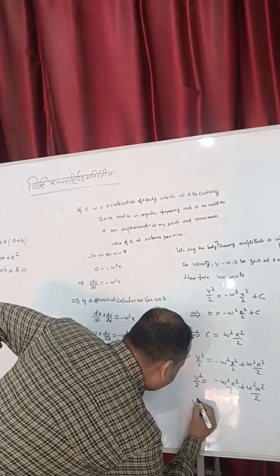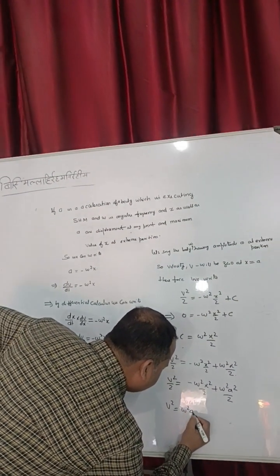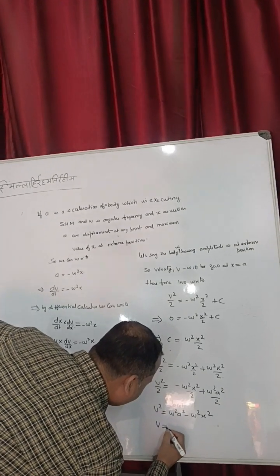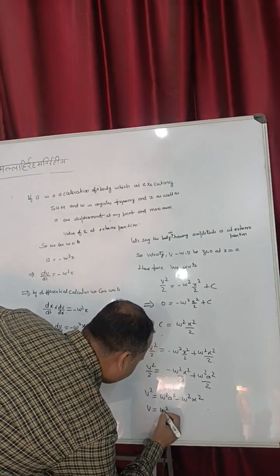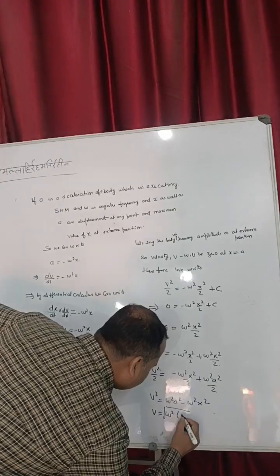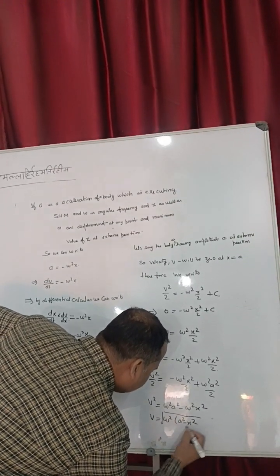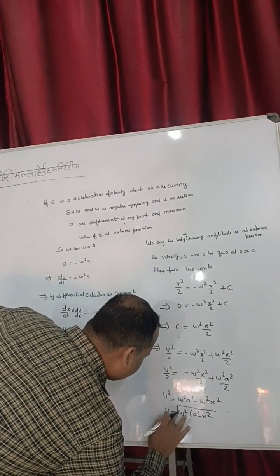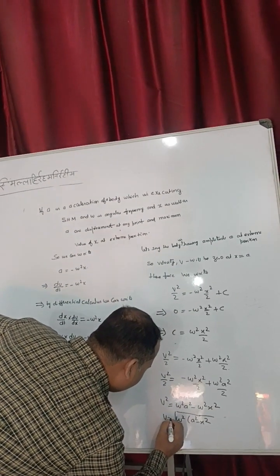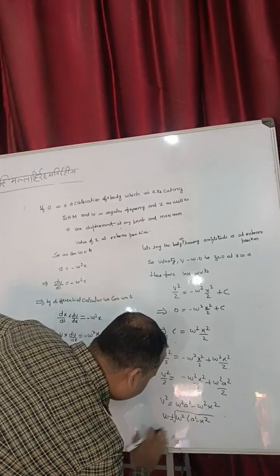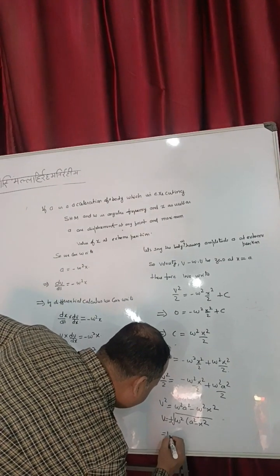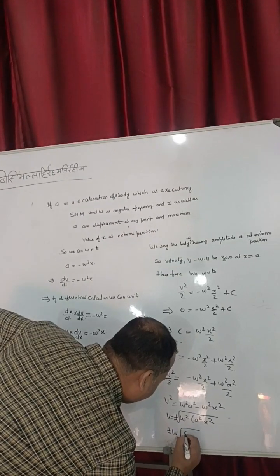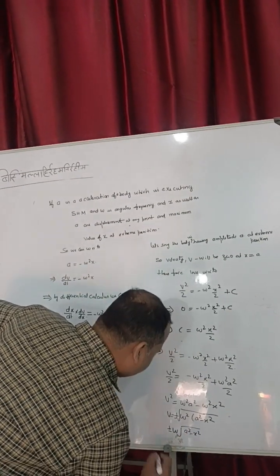Cancelling out, v square is equal to omega square a square minus omega square x square, or v is equal to omega square root of a square minus x square. V is equal to plus minus omega under root a square minus x square.